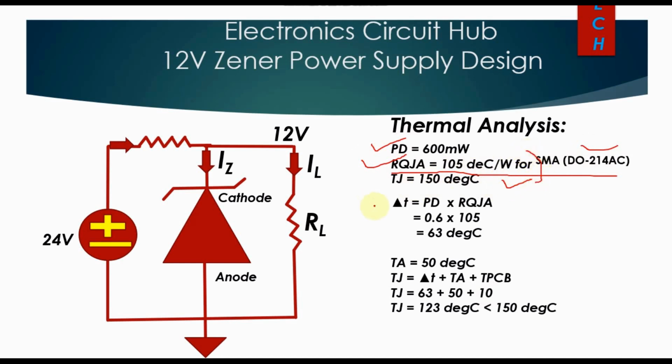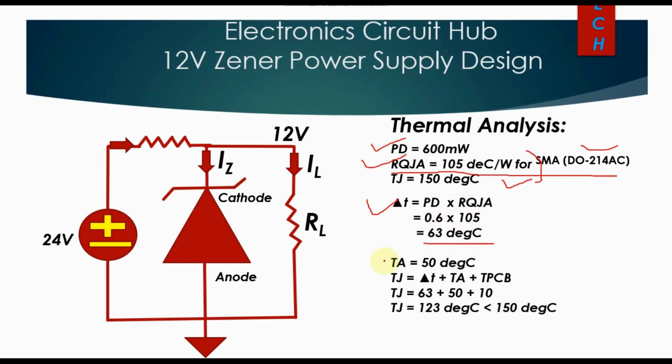Now you have to find the temperature rise, which is delta T. Delta T equals PD into R theta JA. PD is 600 milliwatt, so 0.6 into 105, you will get 63 degree centigrade. So your temperature rises 63 degree centigrade.